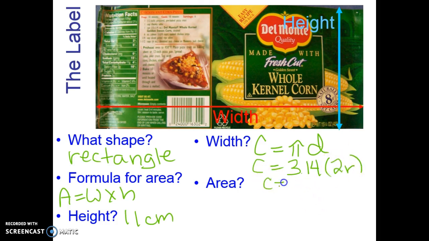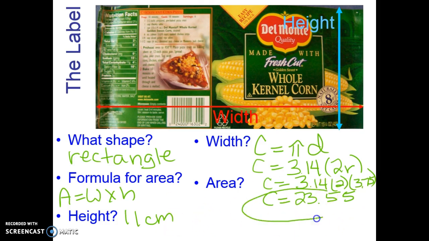And now we can chug it out because we know that the radius was 3.75. Now we chug that all out. We get the circumference is equal to 3.14 times 2 times 3.75, and we get 23.55.